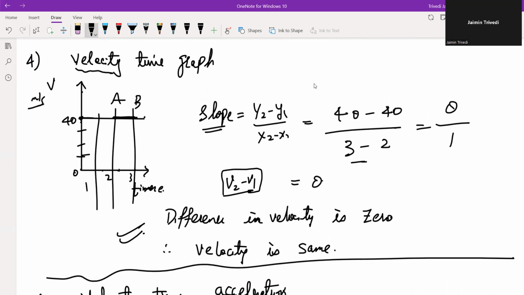And mark A and B at coordinates 2 and 40, 3 and 40. Draw a line for that. If it is 2.5, A and B are very close to each other. They don't have a constant distance between them. You first draw, you'll understand that.